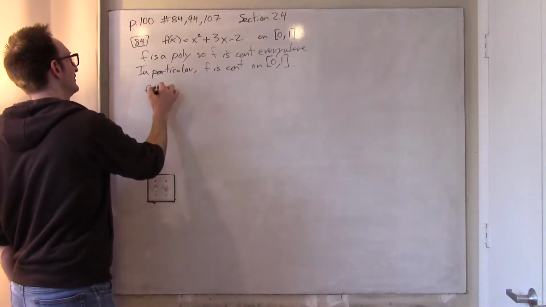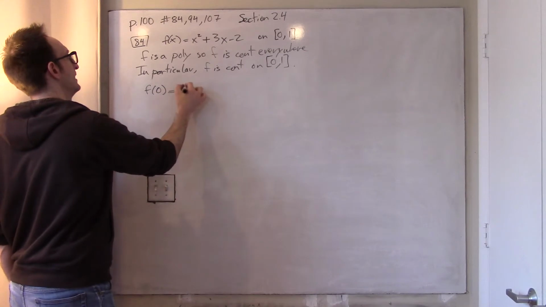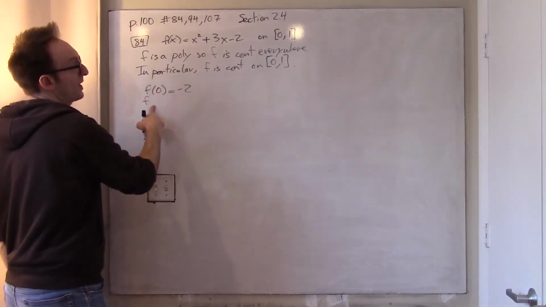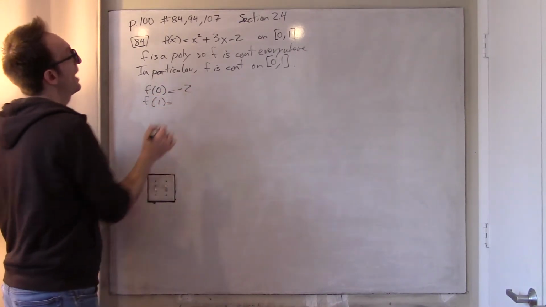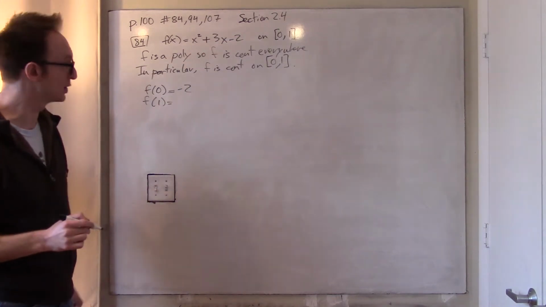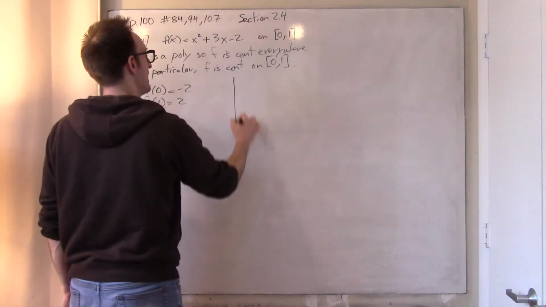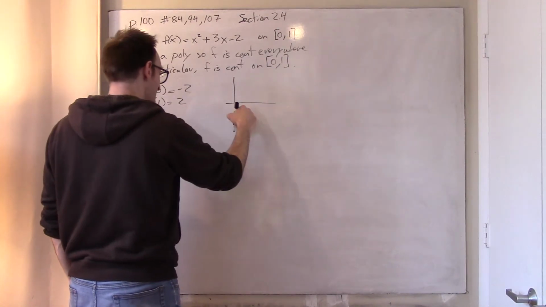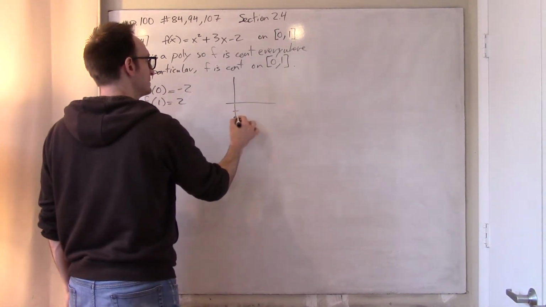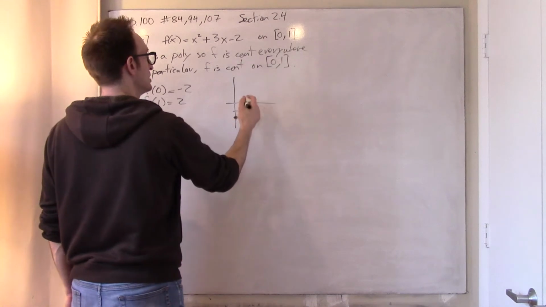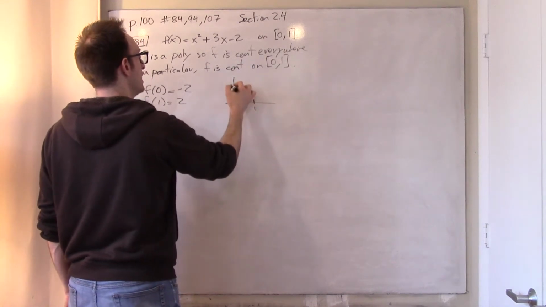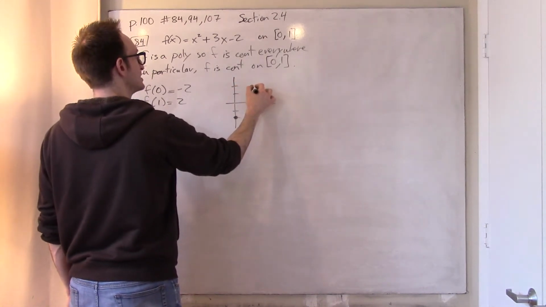Alright, well, let's take a closer look at this function. What is f of 0? Well, it's negative 2. And what is f of 1? Well, it's 2. Yeah, 4 minus 2 is 2. So there it is, right? At x equals 0, my function is negative 2. But when I get to 1, now my function is 2.